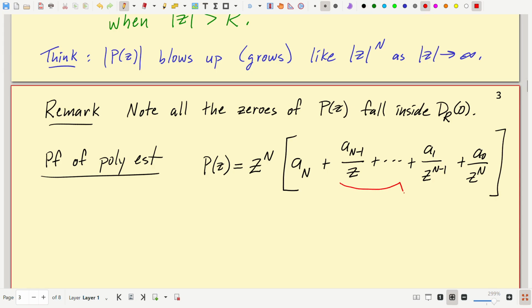Call this thing right here h of z. Notice that they all have z's in the denominator, so that h of z goes to 0 as z goes to infinity.